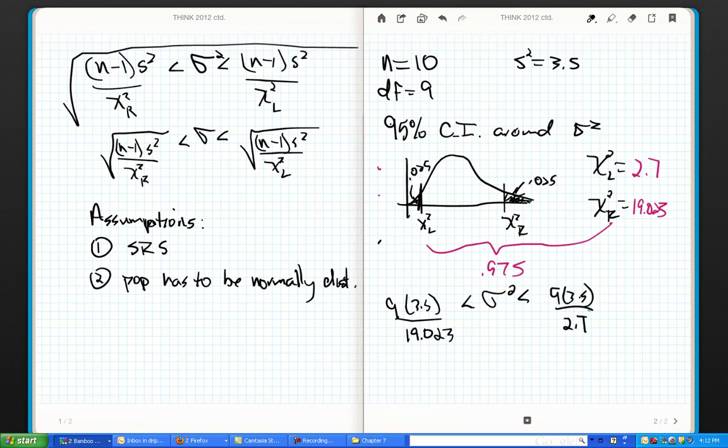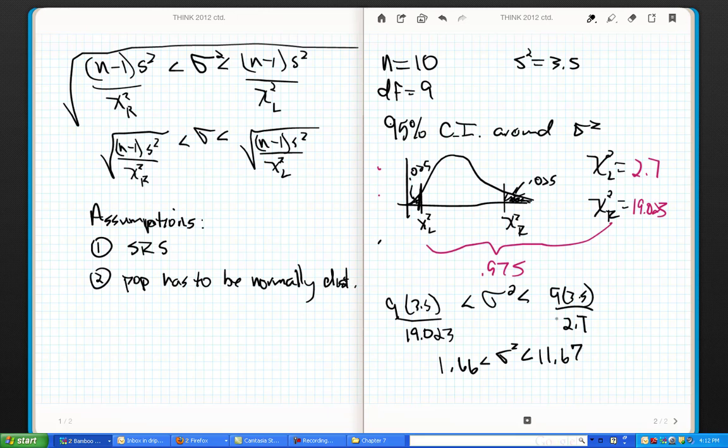That's why I'm dividing by the smaller number. Then I'm going to throw this in my calculator. 9 times 3.5 divided by 19.023, and I end up with 1.66 less than sigma squared is less than, the second entry, divide by 2.7.